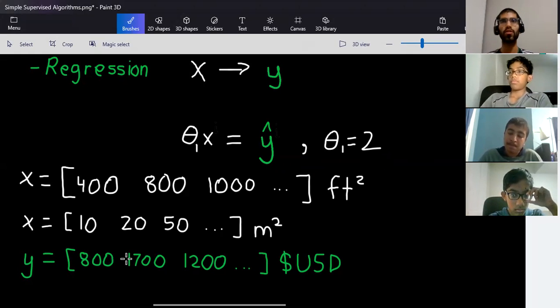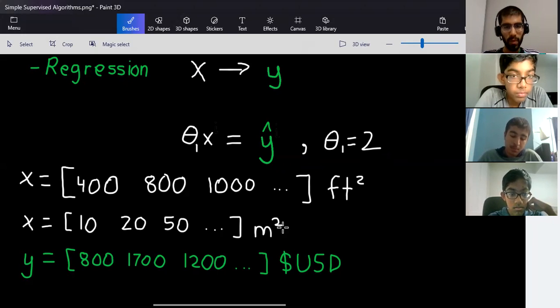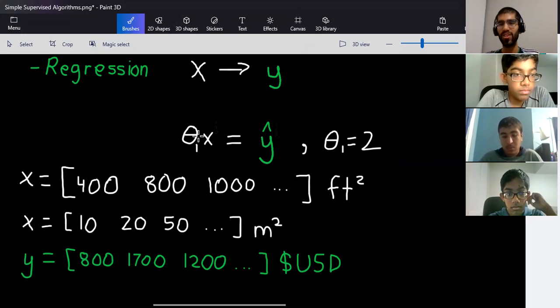That's a pretty reasonable monthly rent for a house. However, if you have someone else come along and say, yeah, no, I'm going to plug in my data and they're in square meters, now you have some issues. Now you're like, what, 10 times 2? That's just $20 per month. That's not a good monthly rent.